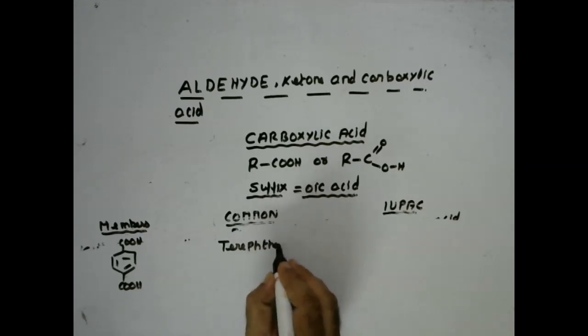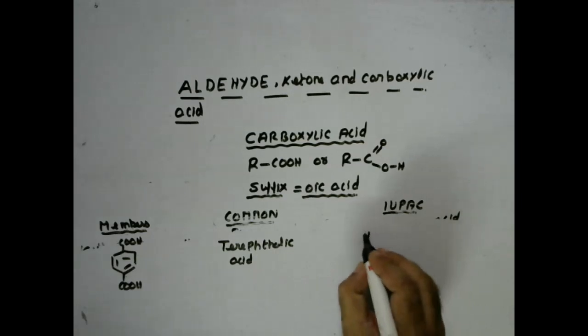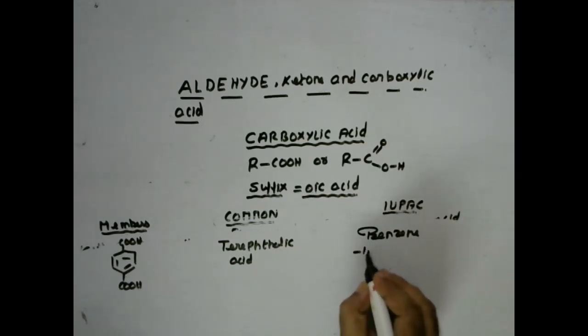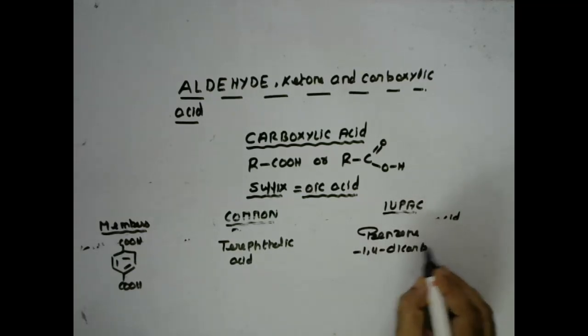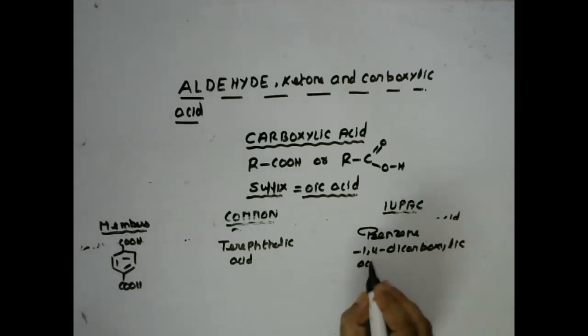The ph is silent, it's called terephthalic acid. The IUPAC name is benzene 1,4 dicarboxylic acid. So this is as far as the nomenclature of carboxylic acid goes.